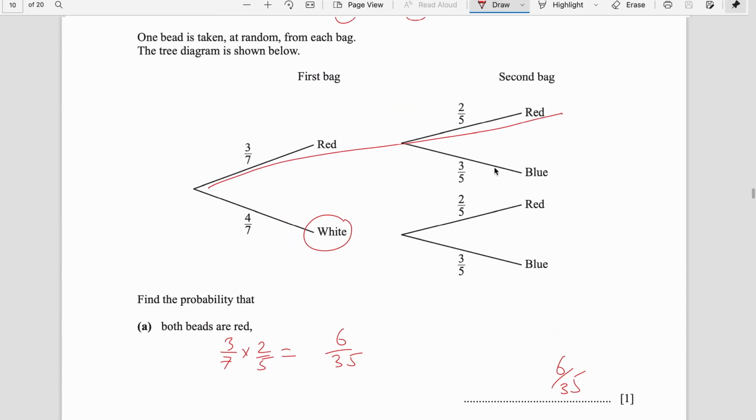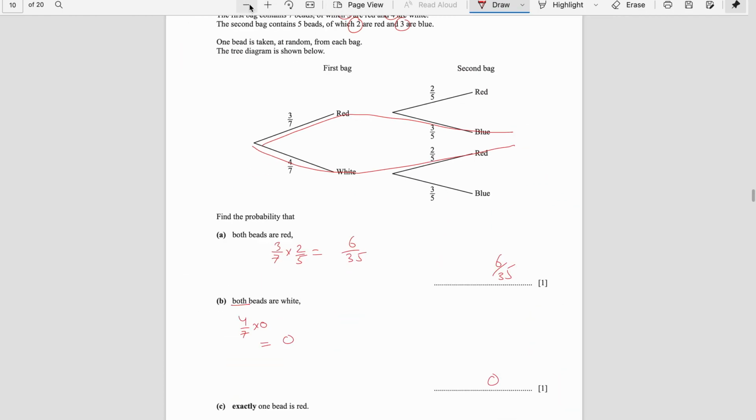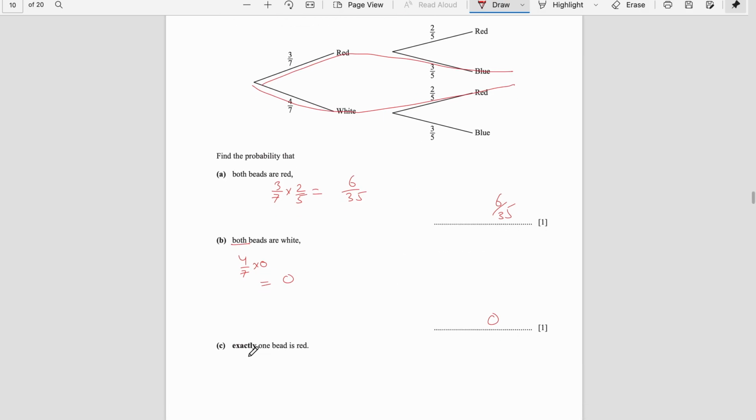Exactly one bead is red. So for exactly one red, the first is red and I should go here to make it exactly one red. Then the first is white and we go over here to make it exactly one red. So the first chain is 3 by 7 into 3 by 5, plus the second chain, 4 by 7 into 2 by 5.